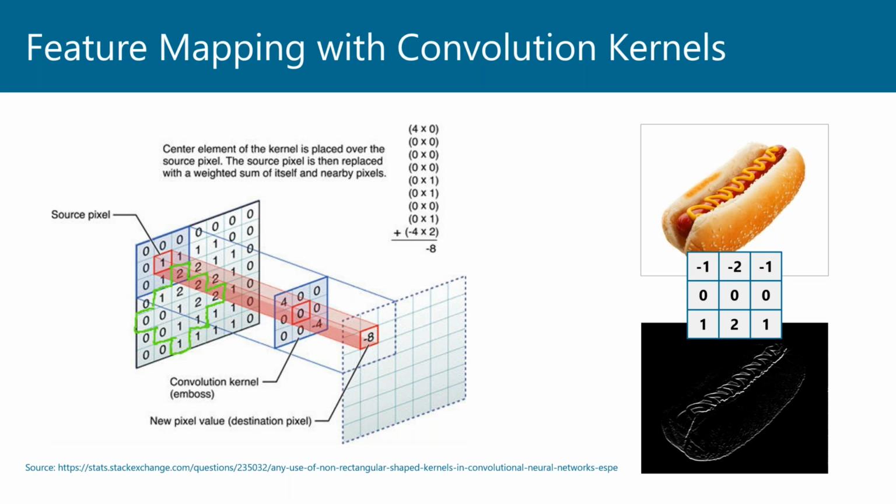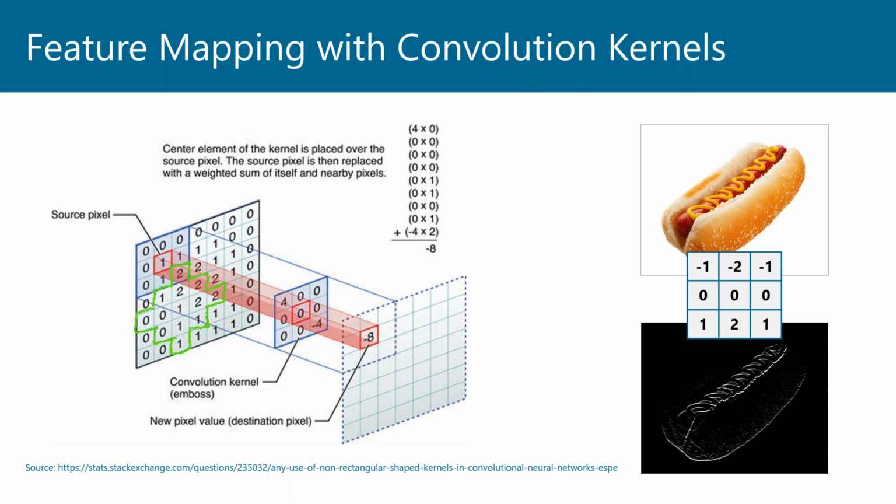It's basically taking a little matrix like the one you see on the right, the ones with the zeros and the negative ones and negative twos and ones and twos in it. It's passing that matrix over every pixel in the image, multiplying the pixel underneath each cell of the matrix by the value in the matrix, then replacing the pixel at the center of the matrix with the sum of those products.